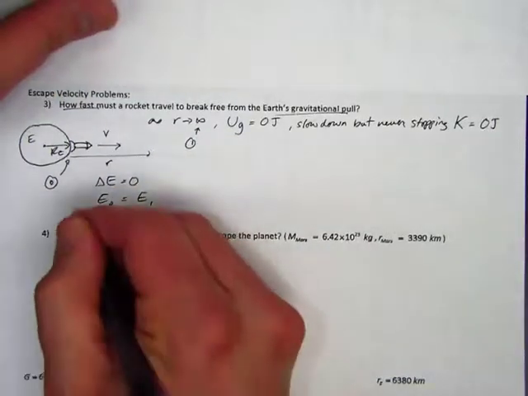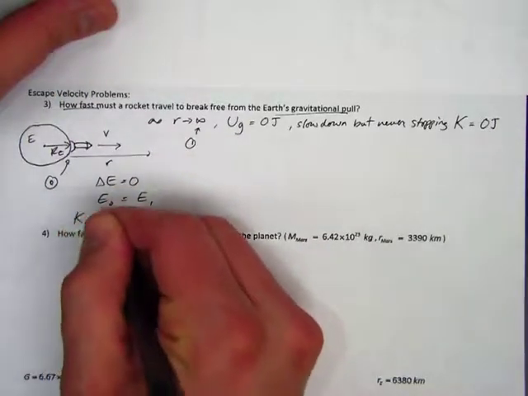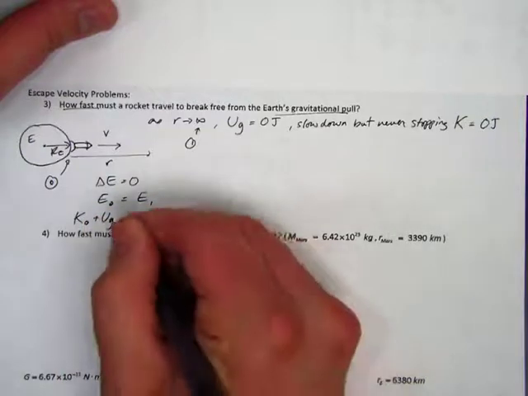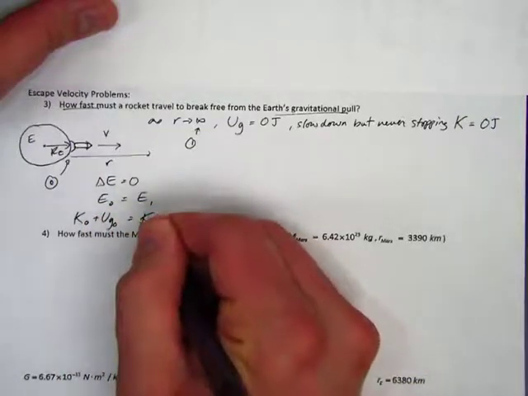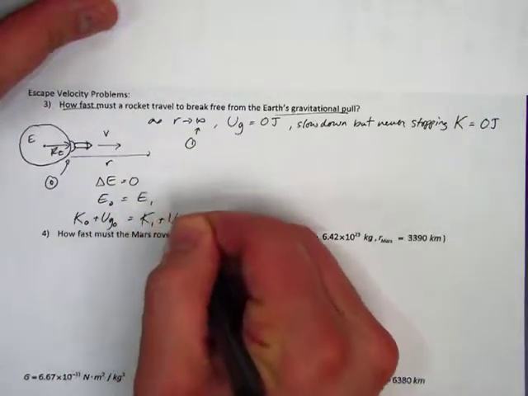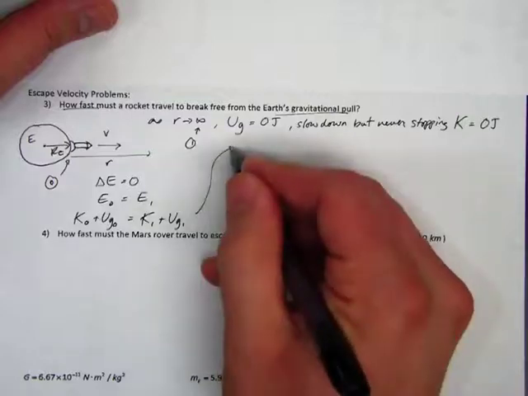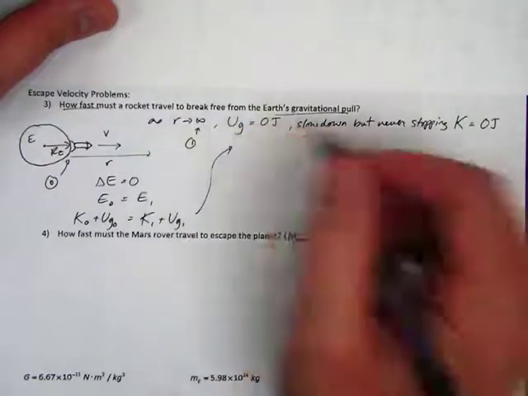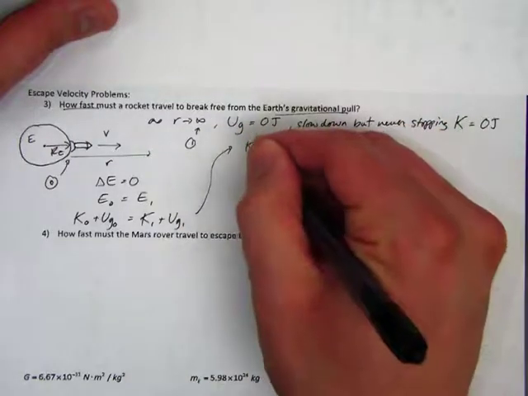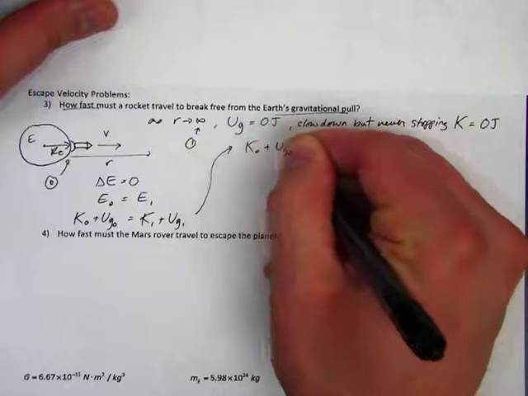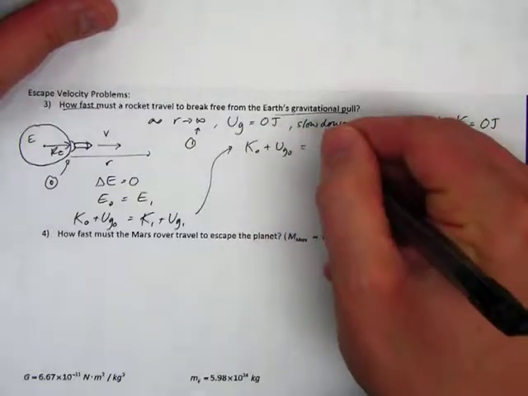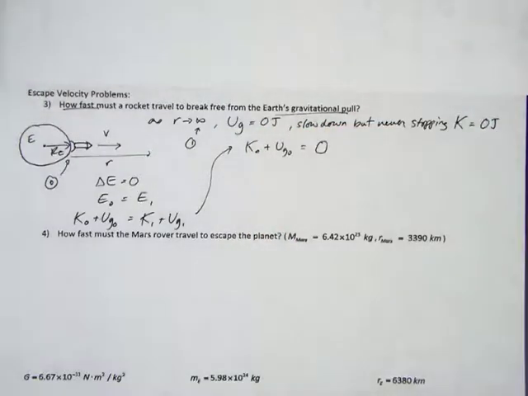Well, we know that this is just K initial plus U_G initial, and this will be K at position 1 plus U_G at position 1. Well, what do we know? Position 1 is infinity. So at position 1, the kinetic energy and the potential energy both go to 0.